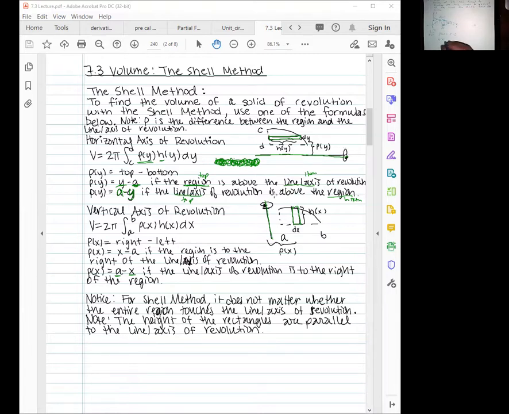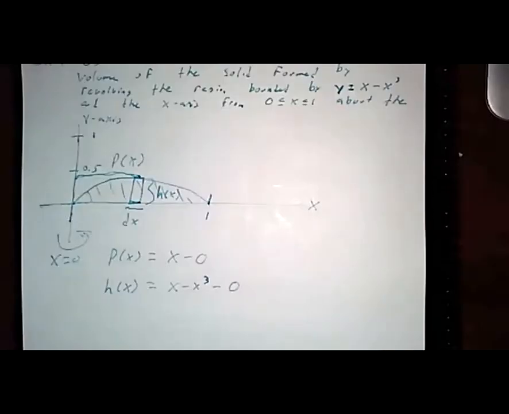So the height will be the top to the bottom. The top is the function and the bottom is 0. So it's going to be x minus x cubed minus 0, based on these notes here. Do you see where this is coming from?